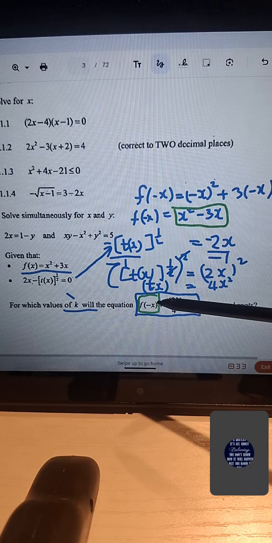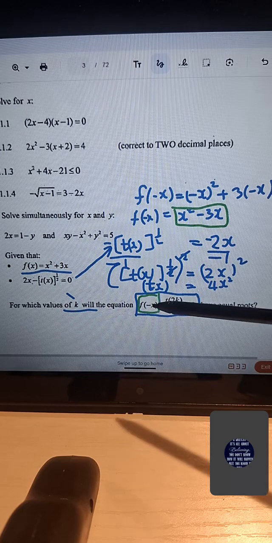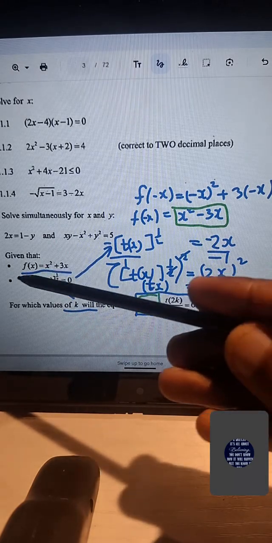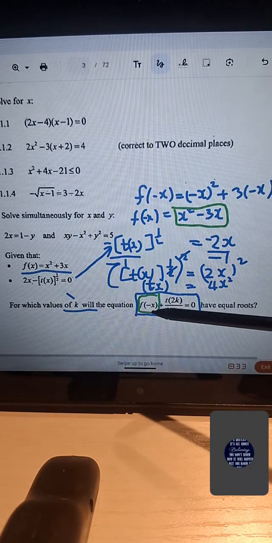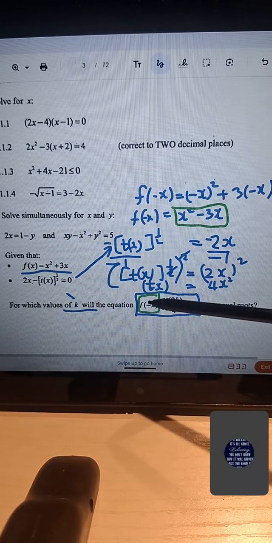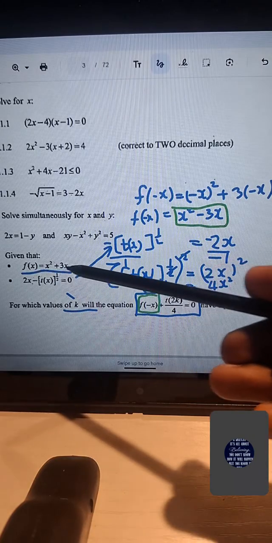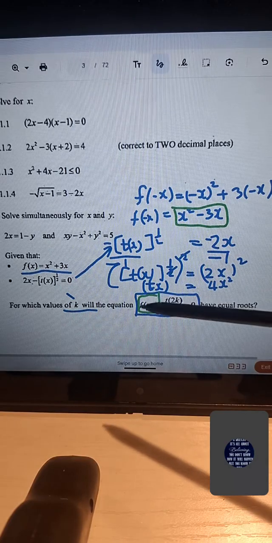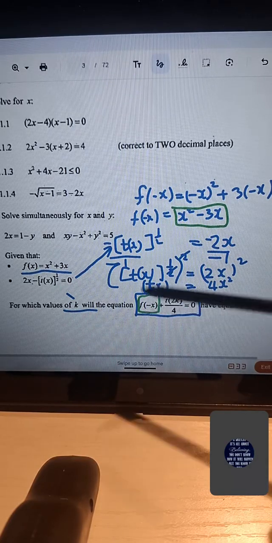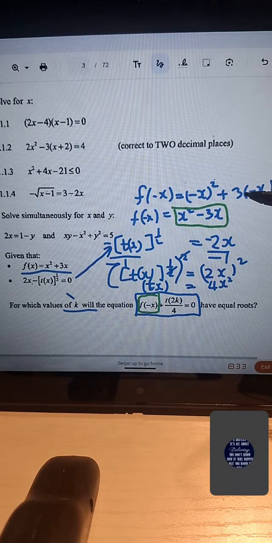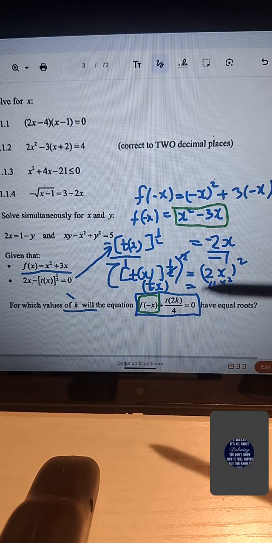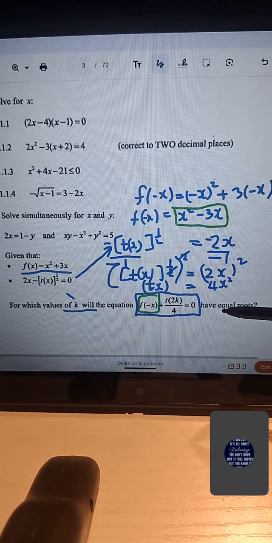We look at the given function f of x, and take f of negative x, substituting negative x in the place of x. I decided to deal with each term separately, then put them together, equate to 0, and answer the question.